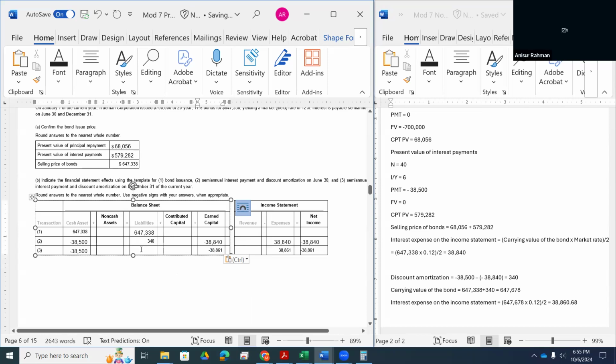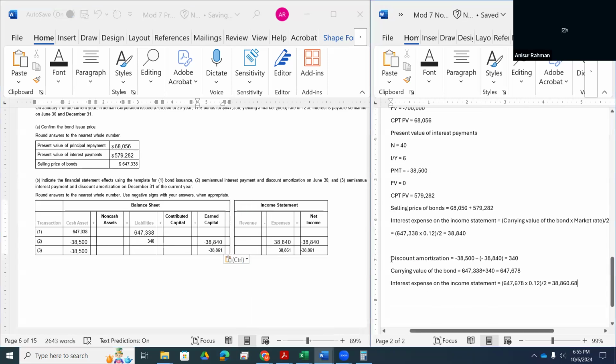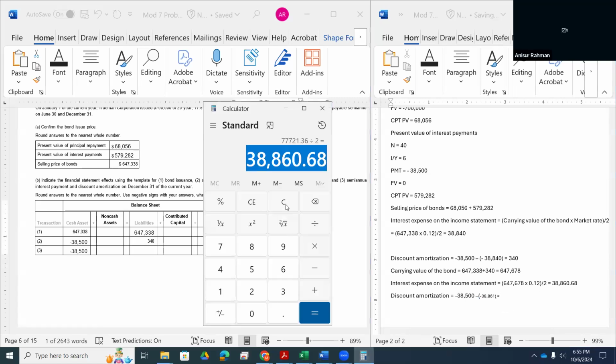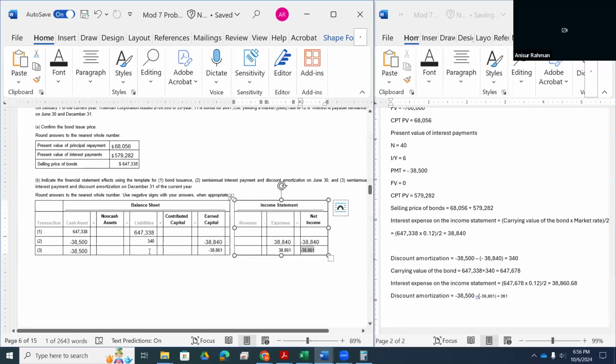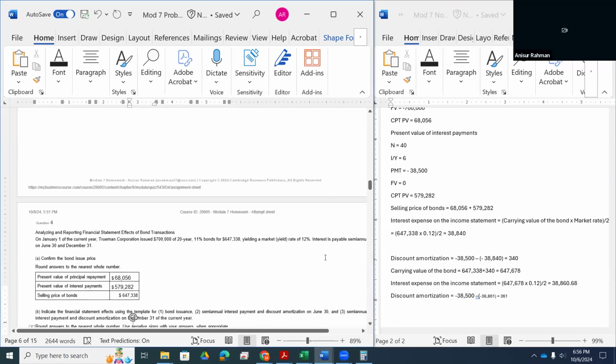The difference between these two is the amount of the liabilities or discount amortization. $361. So this is the end of question 4.